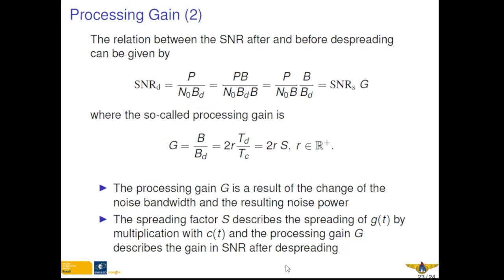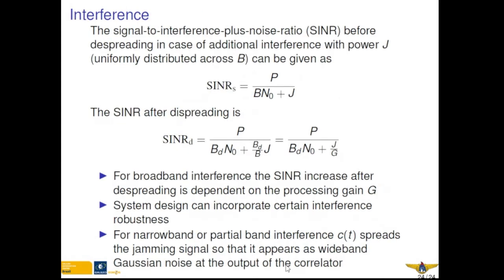When you open some classical books on spread spectrum systems, they always assume this special case. But in a more general case, we have two parameters, a spreading factor and a processing gain, and the difference of the two depends on the time bandwidth product of the spreading waveform, and thus the design of the spreading waveform itself.